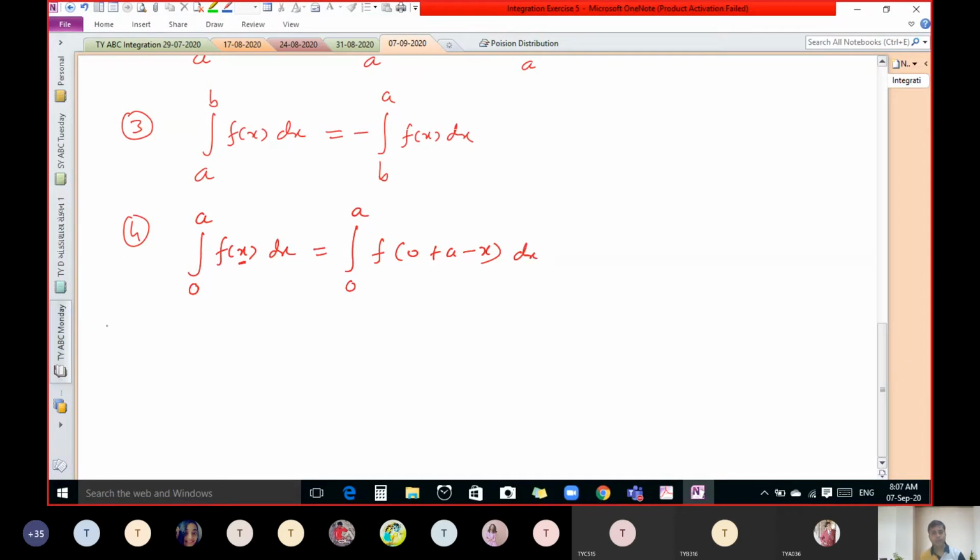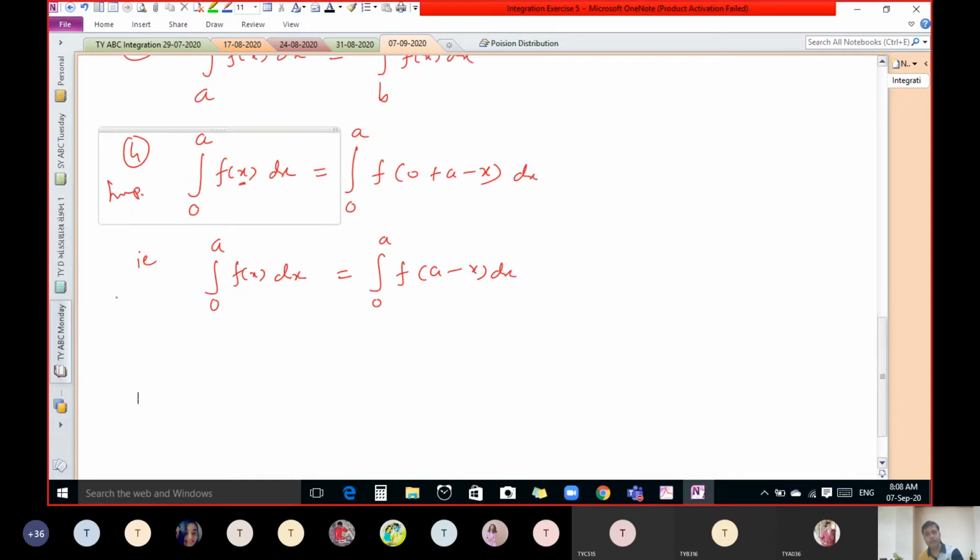That means integral 0 to a f of x dx equals integral 0 to a f of (a minus x) dx. This is a very important result, result number 4, from an example point of view.